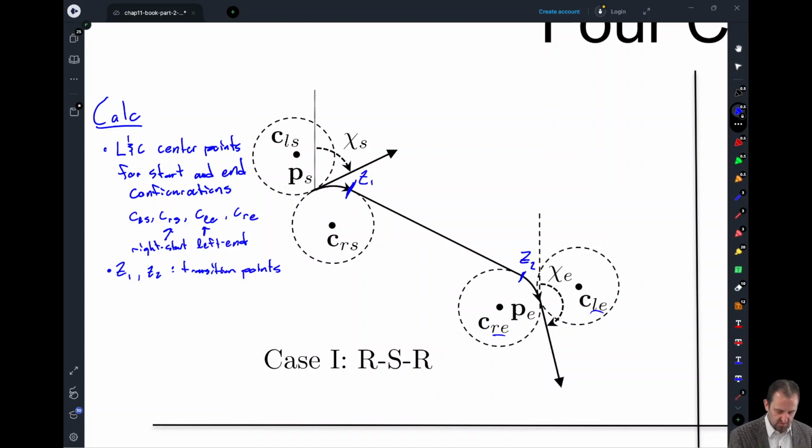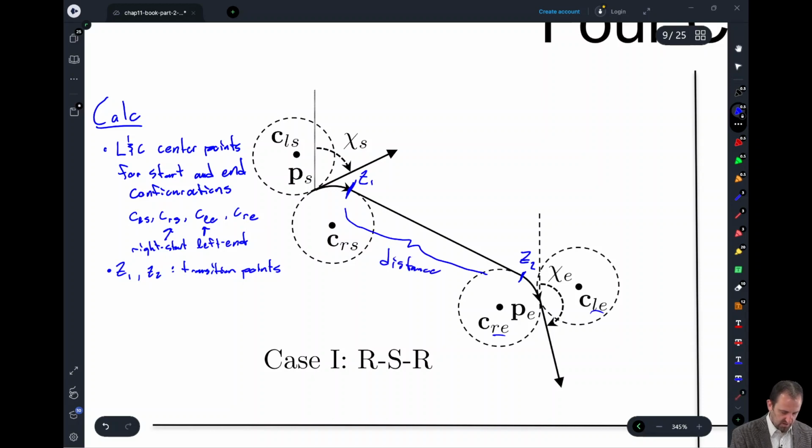Another thing that's related to this is the distance between these two points, so the distance along the straight line.